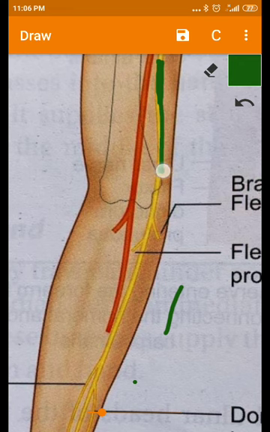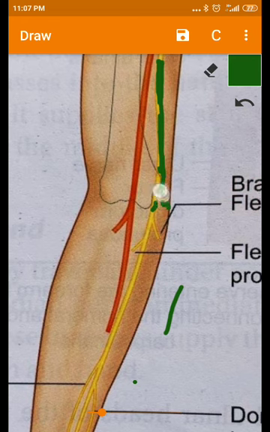Through this cubital tunnel, the ulnar nerve comes out and enters the forearm, passing deep to the tendinous arch, that is, the cubital tunnel, deep to this arch which joins the humeral and ulnar heads of the flexor carpi ulnaris.